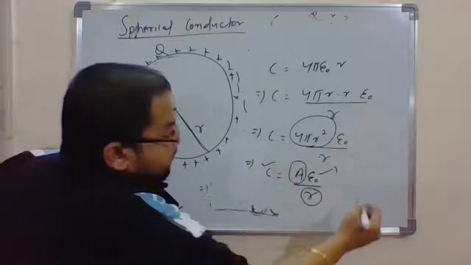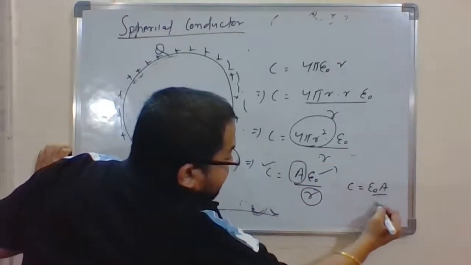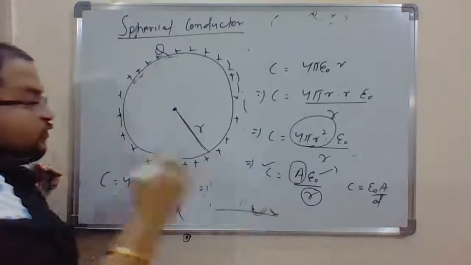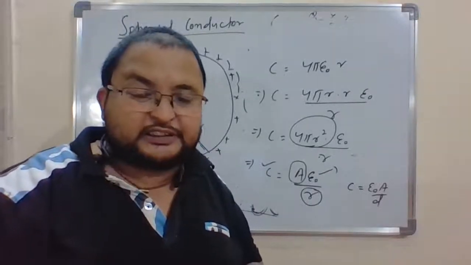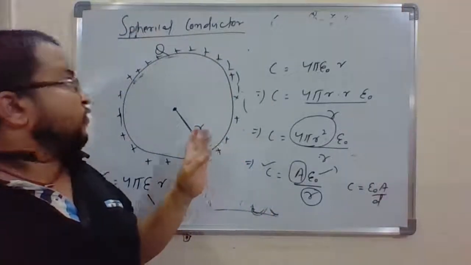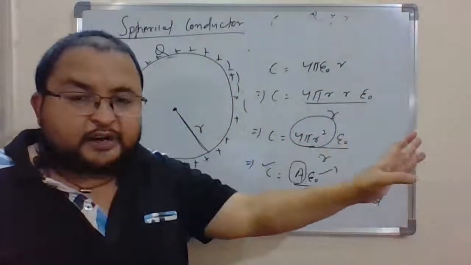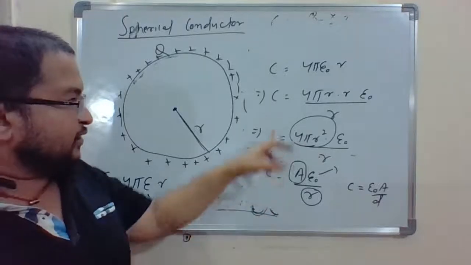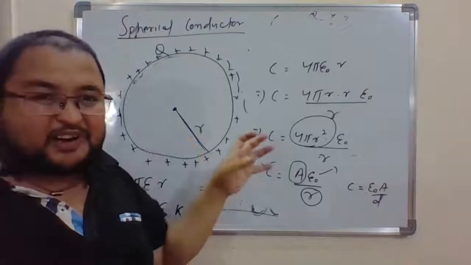We will see in parallel plate capacitors that C equals epsilon naught A by d, and a lot of concepts in the next class, where there would be a lot of mathematical derivations, and we would see why we went from the spherical capacitor to other kinds of capacitors. One hint which we would start with: C is directly proportional to R.